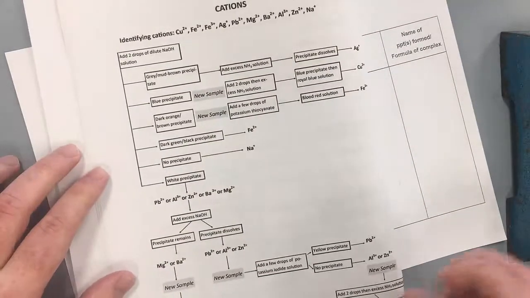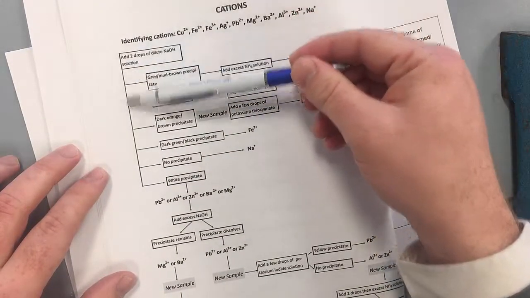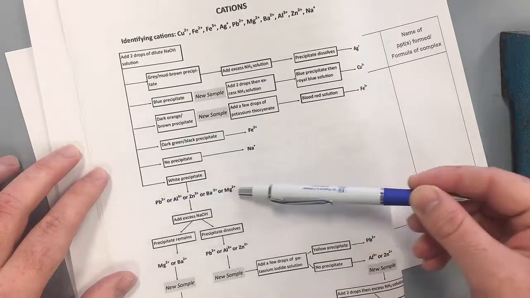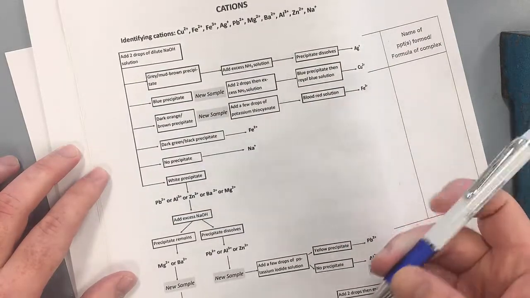Observations. So again, I'm using the flowchart. We've added 2 drops, a white precipitate was formed, and so it could be any of these ions.